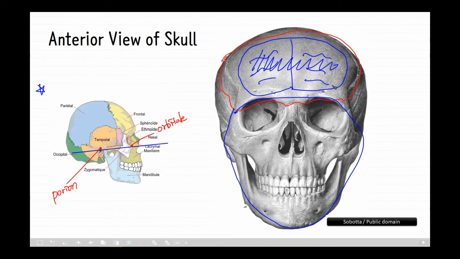While inferiorly, it is largely determined by the presence of the eye, nose, and mouth. They can be described as orbits. This is the orbit, which houses the eyeball, and the nasal skeleton, which supports the nose, and the jaws. Jaw means the maxilla and mandible together.